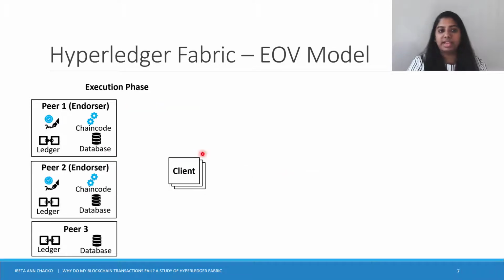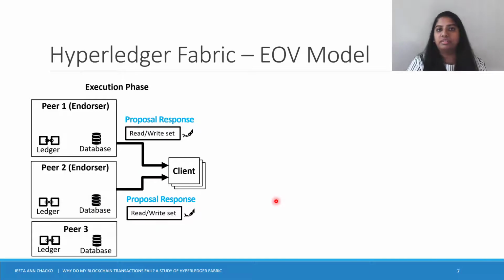The endorsers execute the smart contract, which is called a chaincode in Fabric, and also verify the client signatures. The execution of the chaincode generates a read-write set, which is a set of all the read and write keys of the transaction. The proposal response is sent with the read-write set along with the peer's signature back to the client.